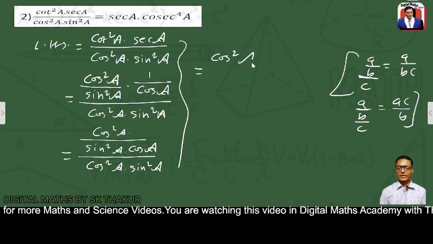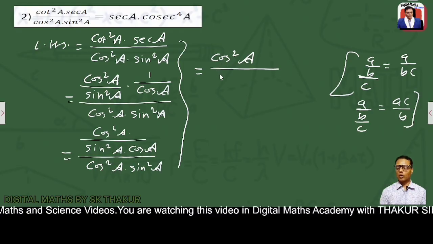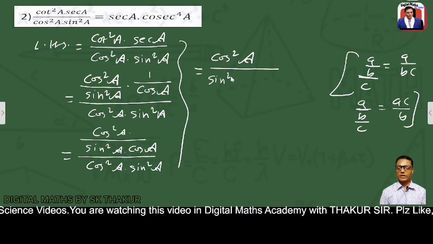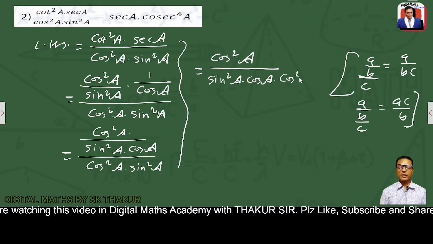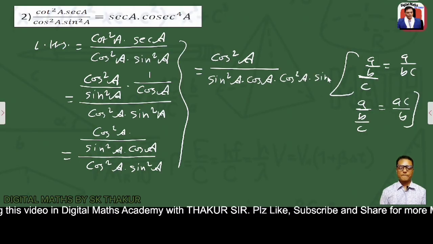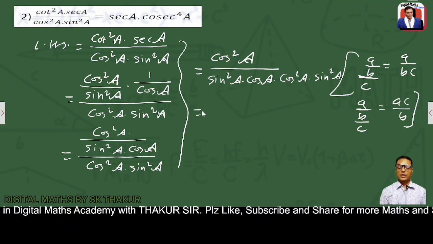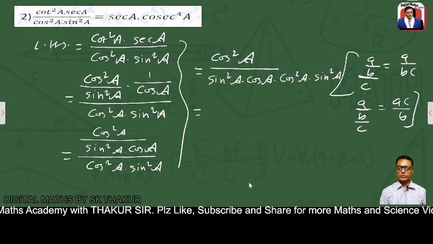cos square a, and at the denominator we can write here sin square a dot cos square a dot sin square a. After that, cos square a, yes, we can cut.